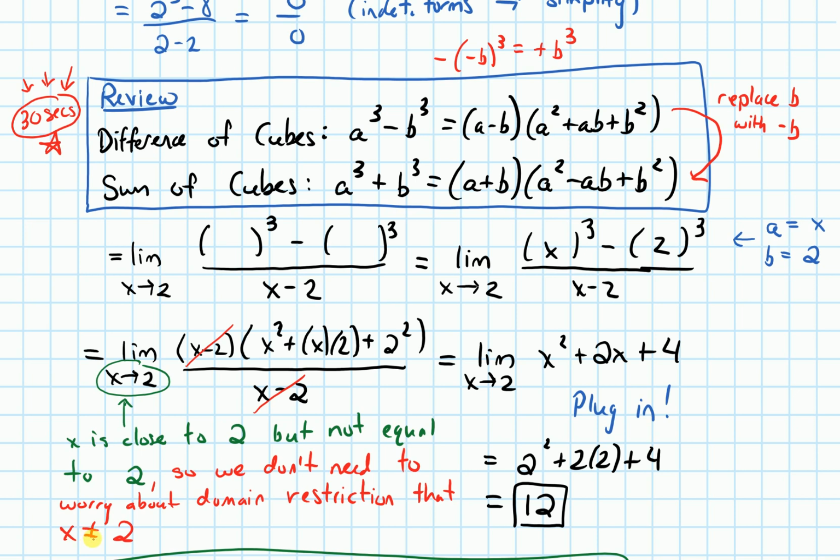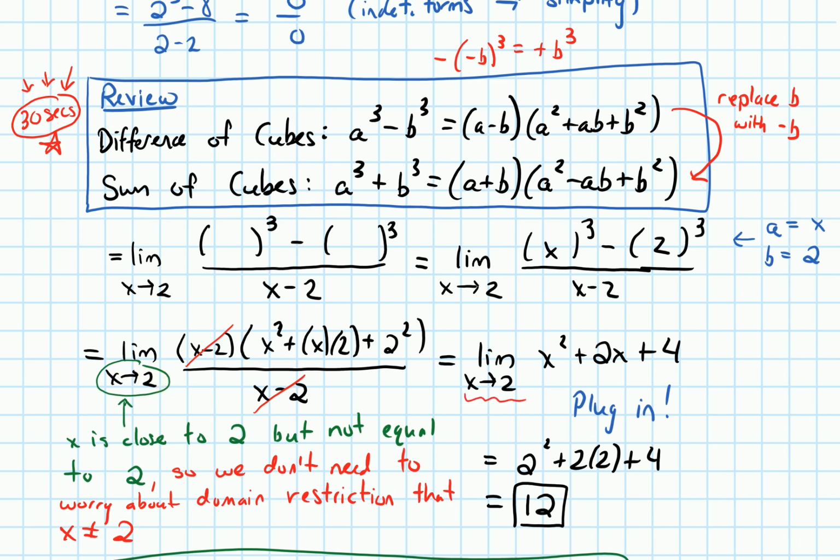So it's important not to forget about that domain restriction altogether, but in the context of this problem, what this technically means when we have this limit as x approaches 2 is we're not actually plugging 2 in. We're not asking ourselves what's happening with the function when we plug 2 in. We're asking ourselves what's happening with the function as we plug in something that's really, really close to 2.